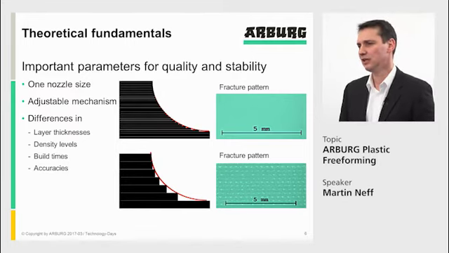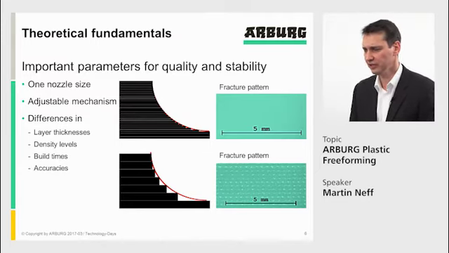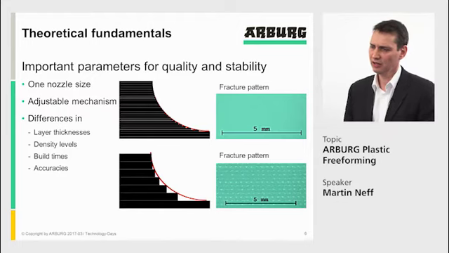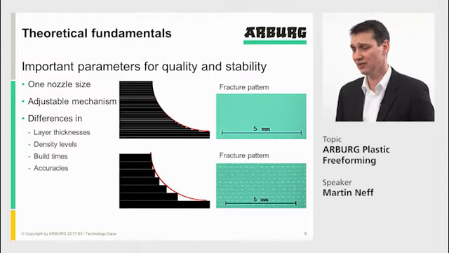So how do we get to that dense pattern? Well, we have different possibilities, and now we are getting back to the open system. We have the possibility of adjusting different layer thicknesses, and therefore we can achieve different density levels.